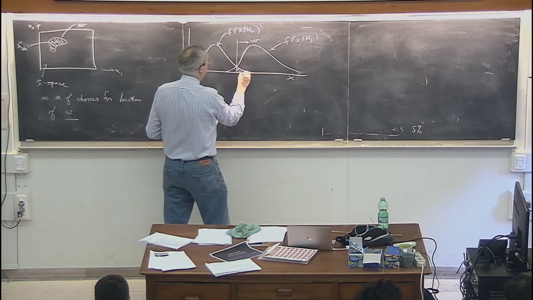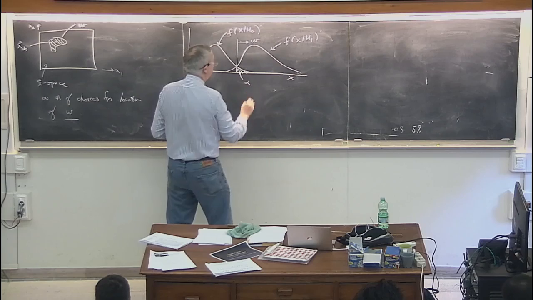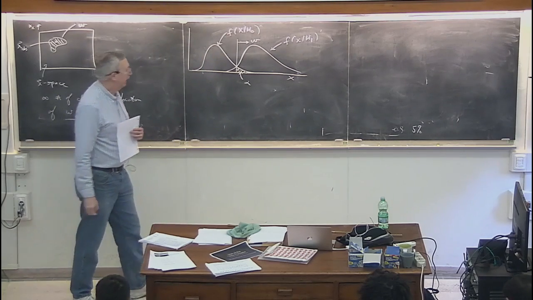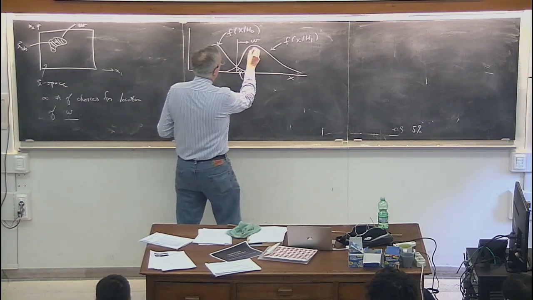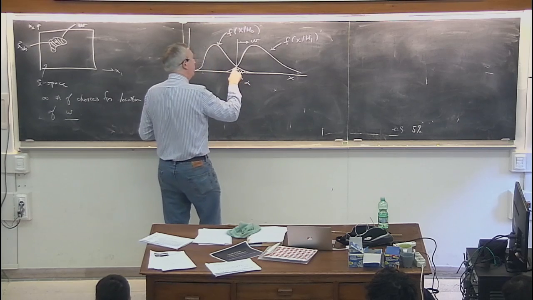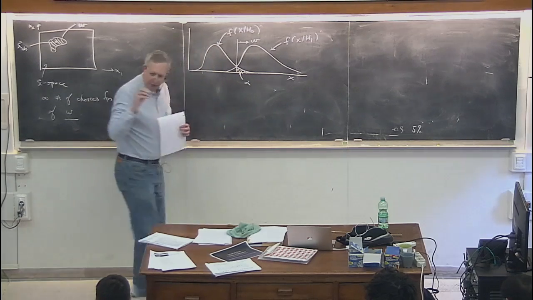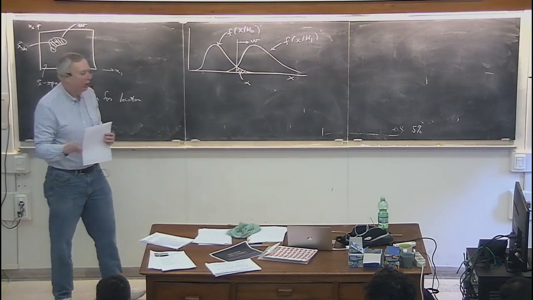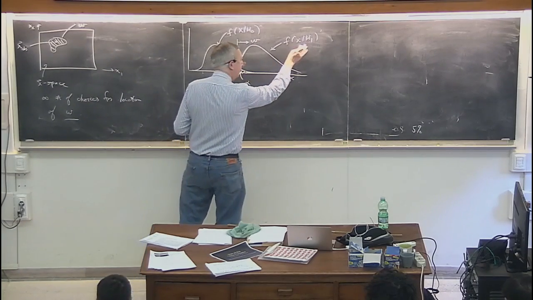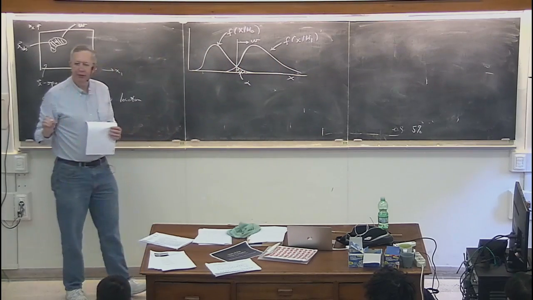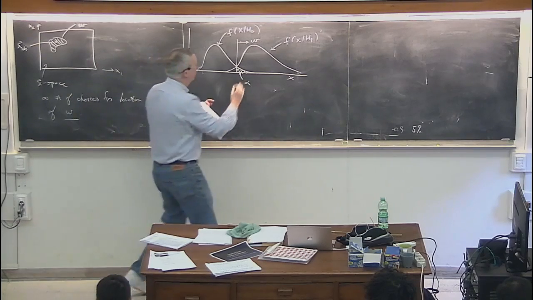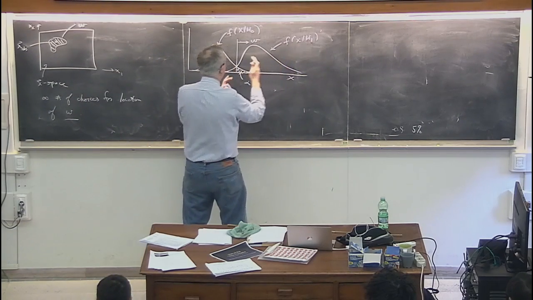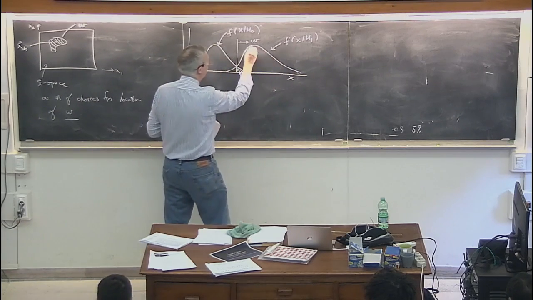That area, by definition, is supposed to be alpha. And what I want is for the data to land in the critical region so that I reject H0 with maximum probability if some relevant alternative hypothesis is the true one. So if this is actually the correct hypothesis, I will more likely see the data over here.